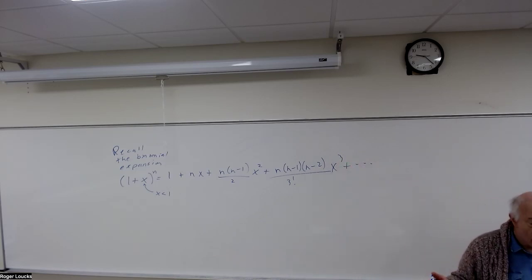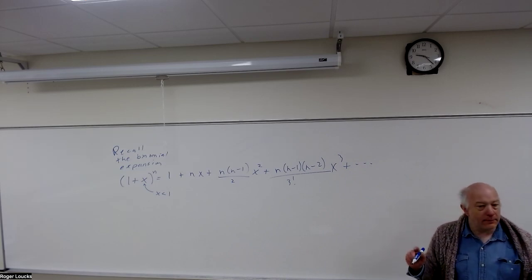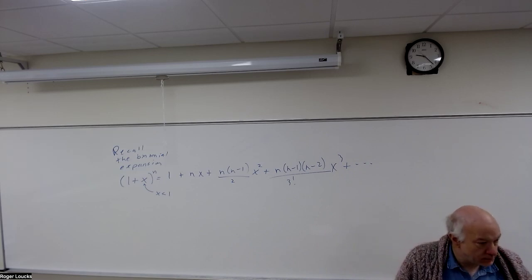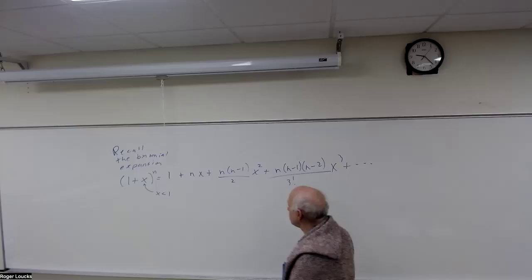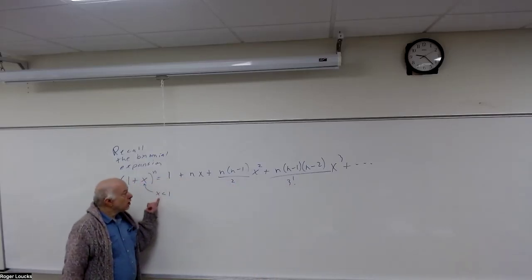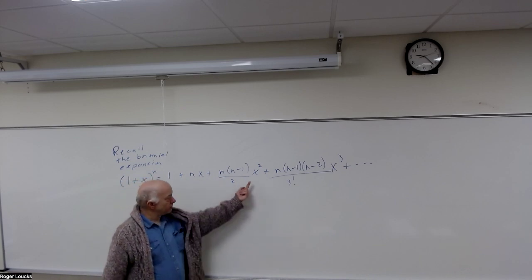That makes sense? Now here's where we're going to use it a lot. What happens if you take a number less than 1 and square it? Get larger or smaller? So let's say you take 0.1 and square it. What happens if you cube it? Even smaller. So if this number here is really small, how does this term compare to this term?